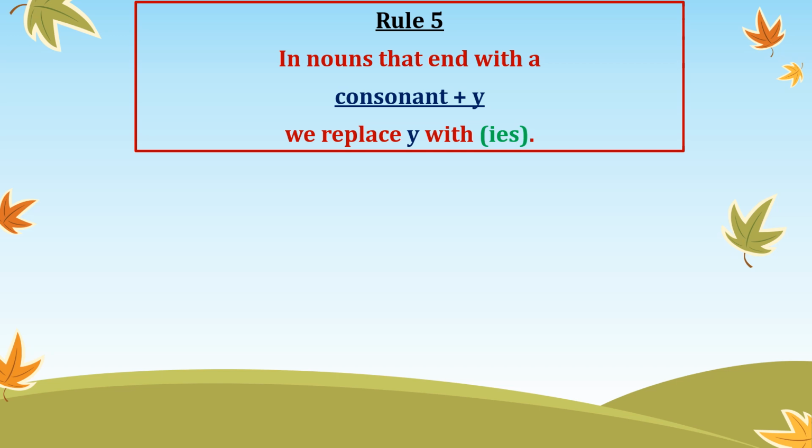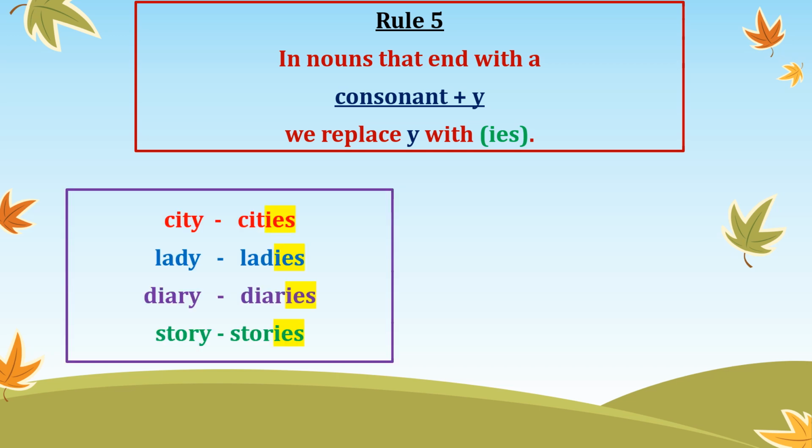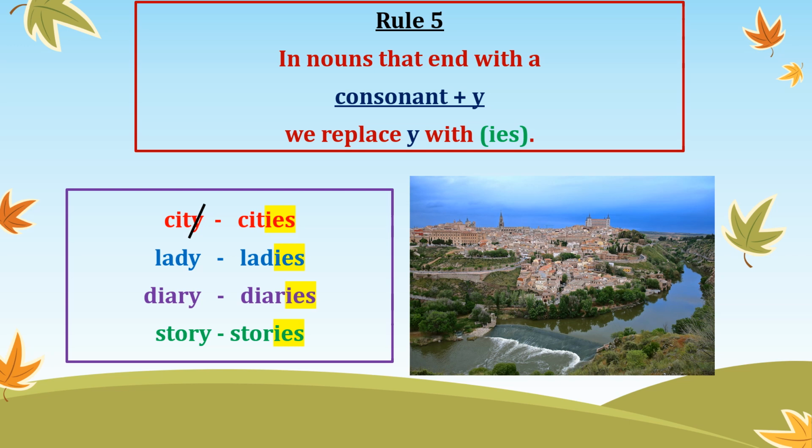Let us see a few examples here. The first noun here is city. Look at this word. The last letter here is Y. Check, is there a consonant just before Y? Yes, T is a consonant. That means we will cut Y and replace it with IES. And city word will become cities.